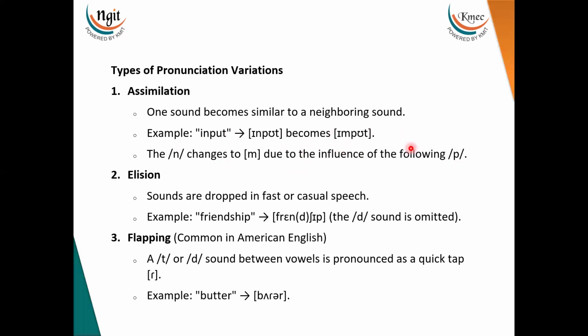The influence is of the following letter P, a cause and effect kind of relationship.